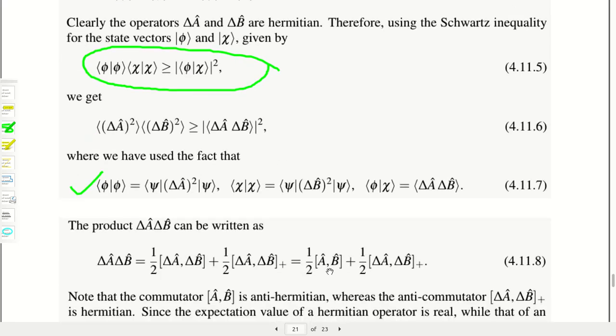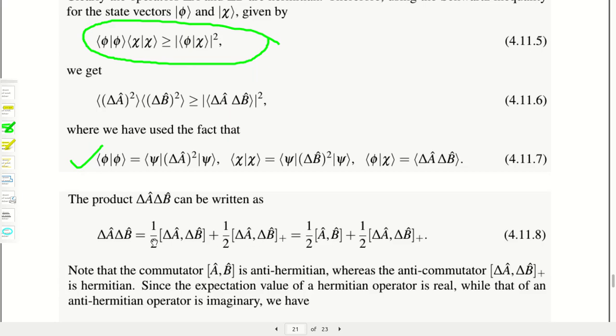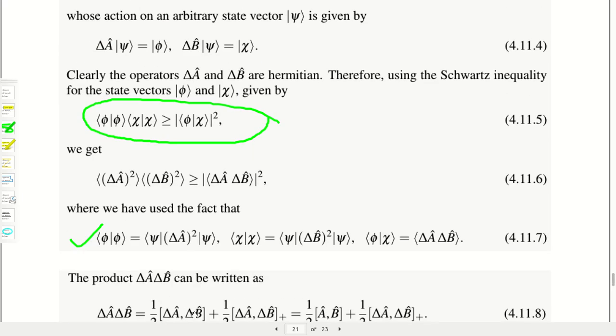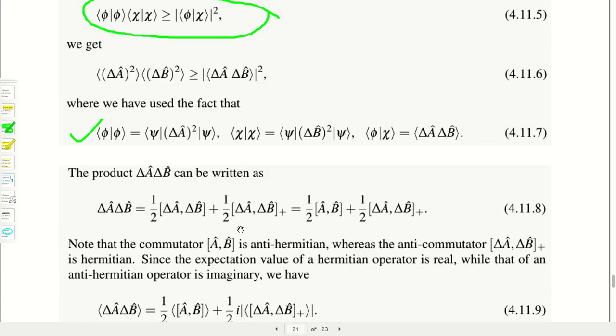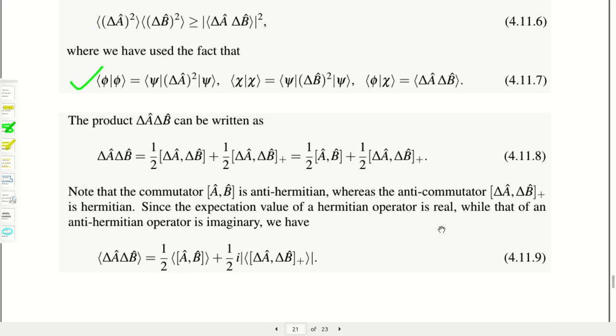You can verify it, this is up to you. Just expand it, in place of delta A put this formula, and in place of delta B put this formula. You will get the result that the commutator will be the commutator between A and B, nothing else, and this one is written as it is.